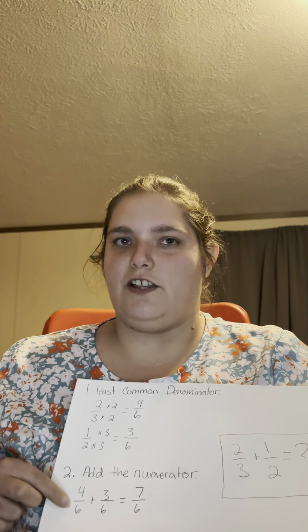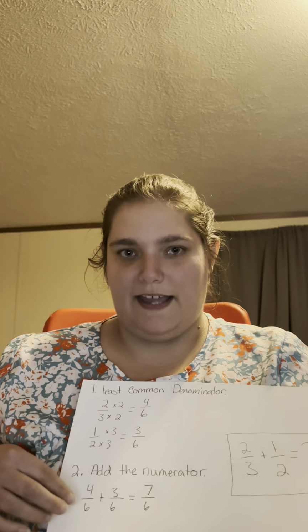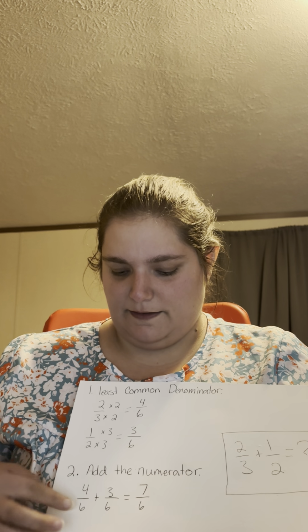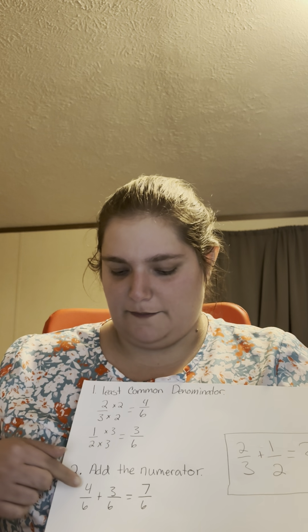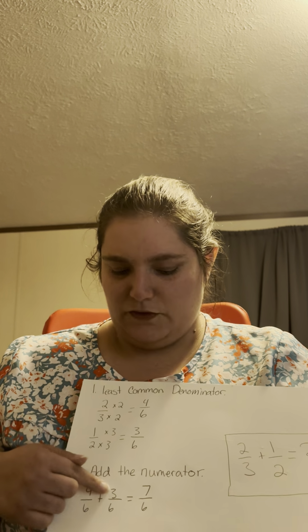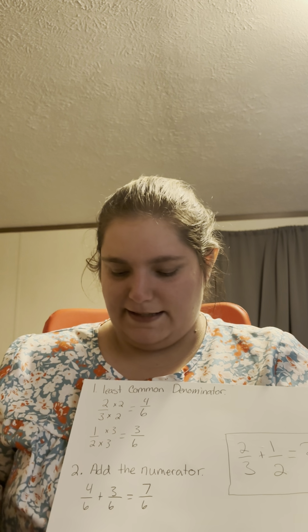So now this looks a lot more familiar, because we have a common denominator. We add straight across the numerator: 4 plus 3 equals 7. And so we have 7/6.